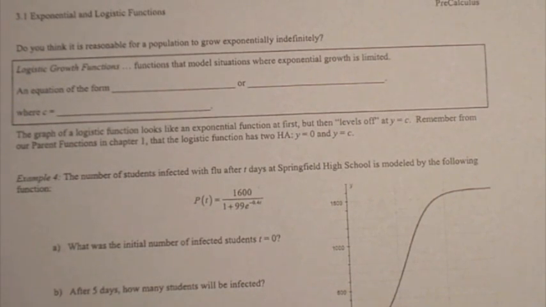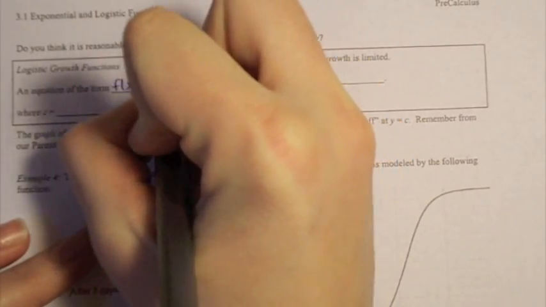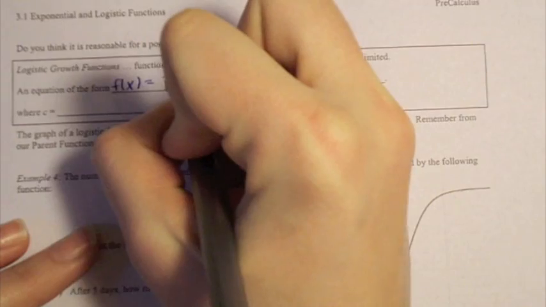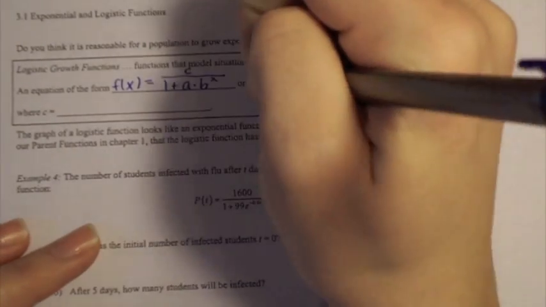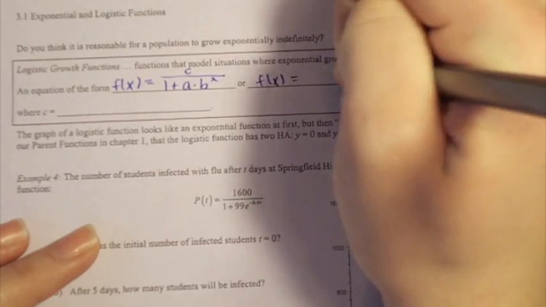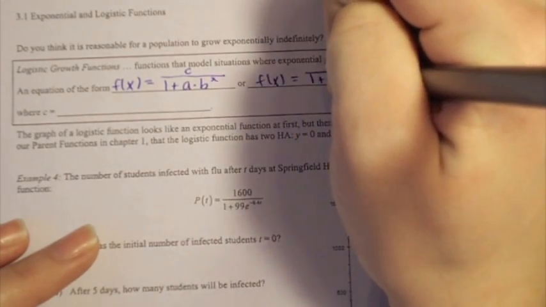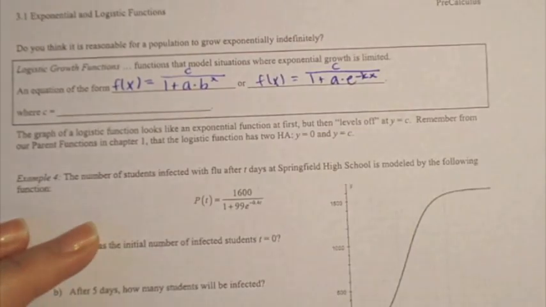The equation will be of the form f of x equals c over 1 plus a times b to the x, or it'll be written as f of x equals c all over 1 plus a times e to the negative kx, where c is our limit of growth.